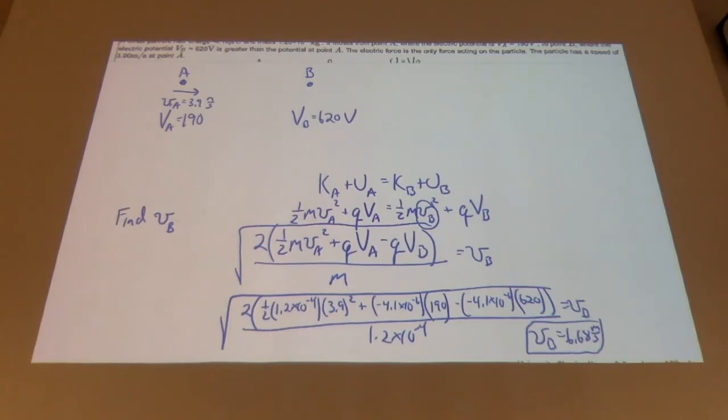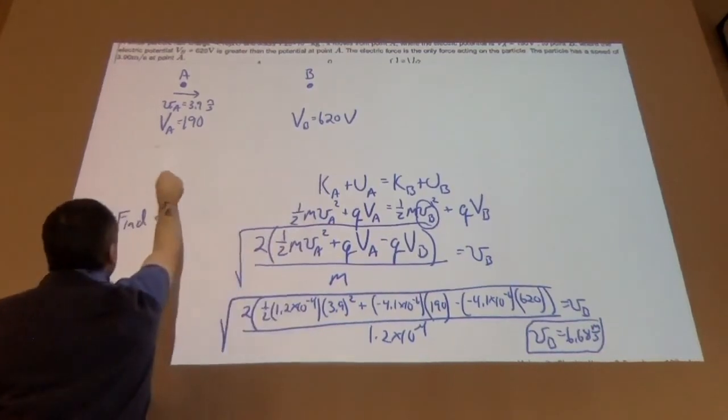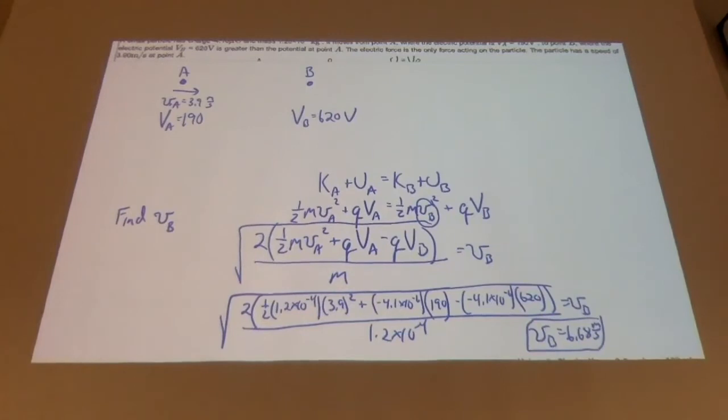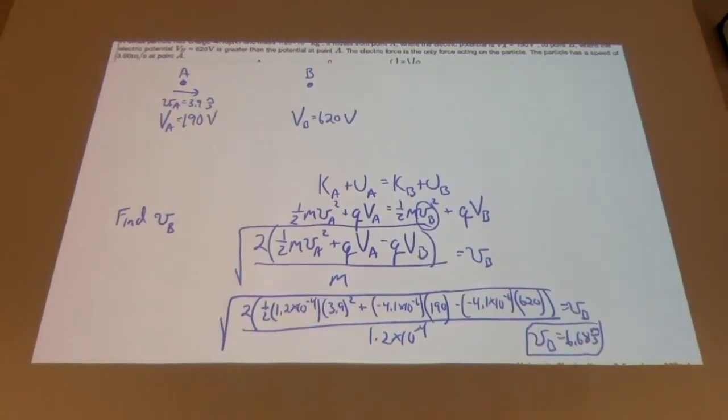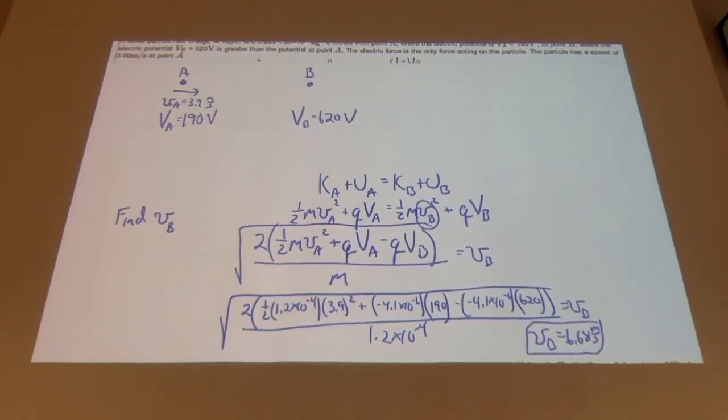Tell me this, based on these potentials, higher potential, lower potential, which direction is the electric field between points A and B? Is it up, down, left, right, in, out, sideways?